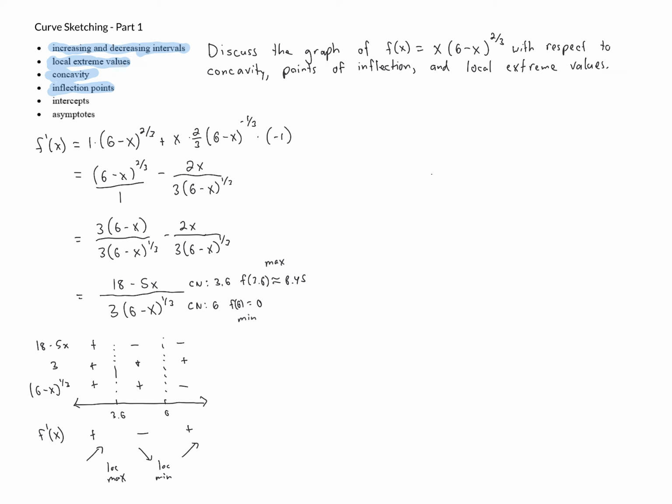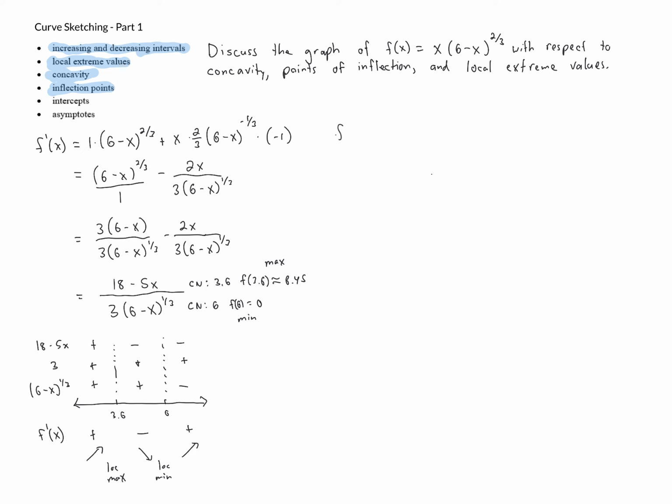So we're doing well, but we still don't have concavity and inflection points. For that, we're going to need the second derivative, which is going to require the quotient rule, because the first derivative was a quotient. And this video is already quite long, and I am running out of space here. So I'm going to leave that derivative as an exercise for you to do on your own.